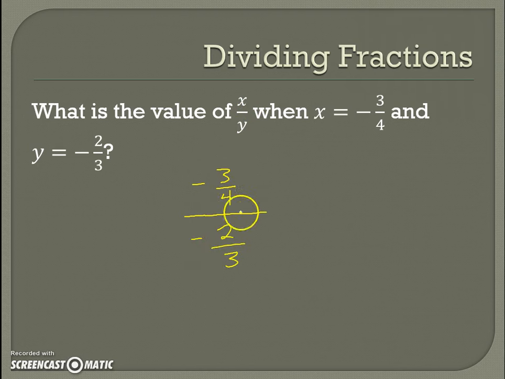Now, it is a big no-no to leave fractions inside a fraction, but if you recall that this means division, then this means the same thing as negative 3/4 divided by negative 2/3.